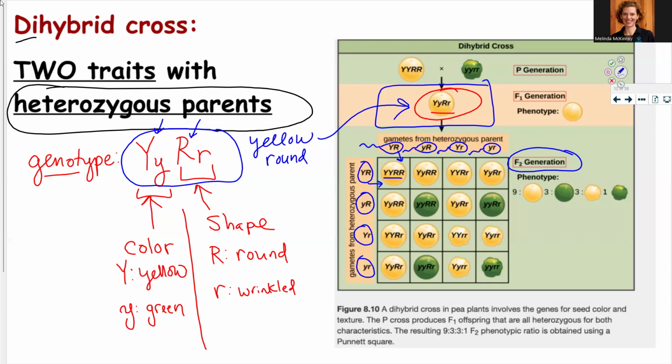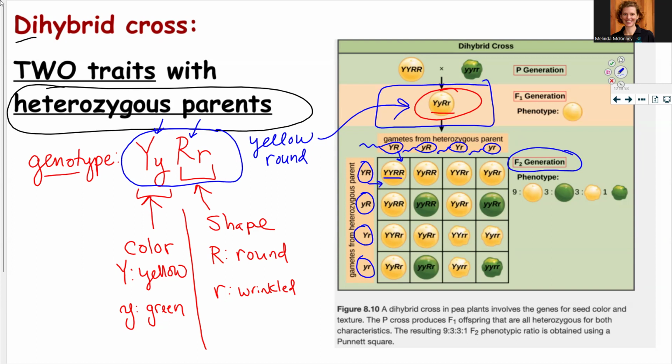So in this case, you can see that all of the alleles are listed. There's 16 boxes. And you can see the genotypes, those are the letters. You can see the phenotypes, those are the colors and the shape of the seed, right?